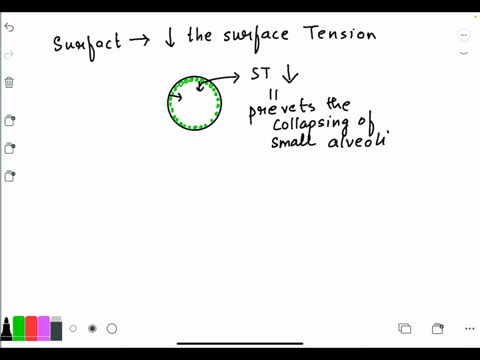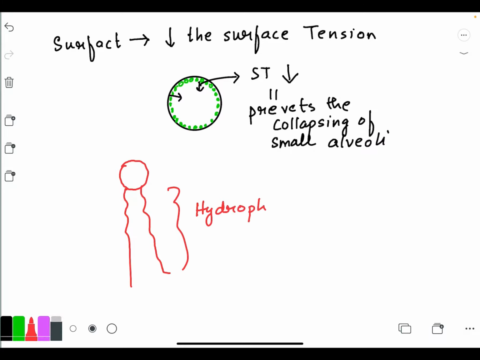How does it do that? Basically the structure of surfactant has a hydrophobic part and a hydrophilic part, right? So this is the hydrophobic part, and this is the hydrophilic part.